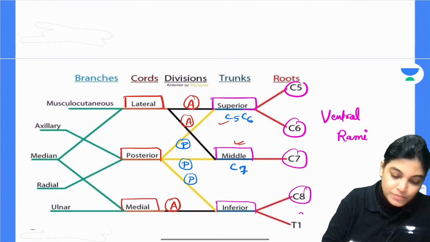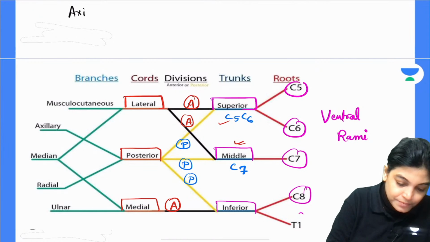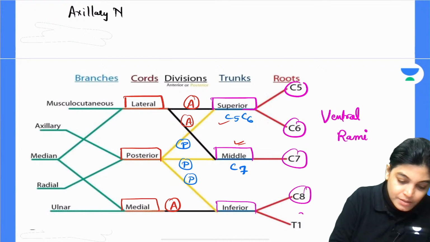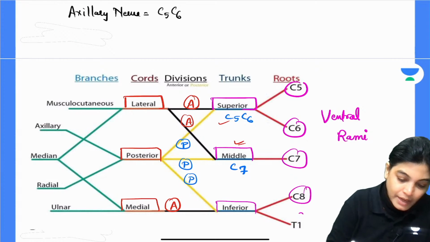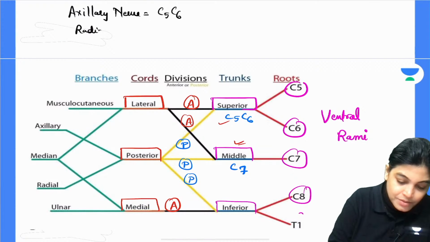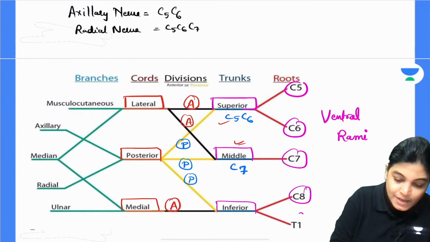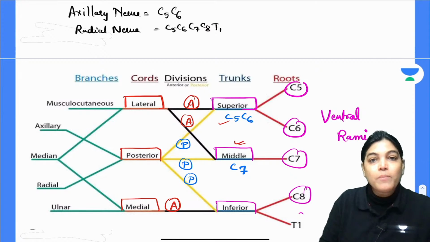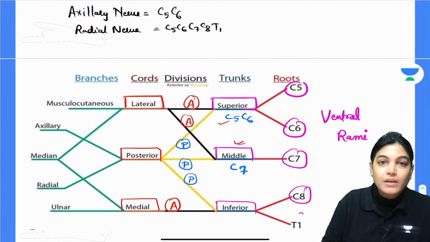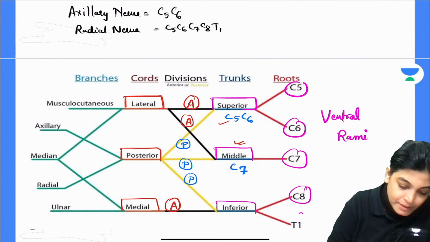So, my dear, axillary nerve root value is C5 and C6. Radial nerve root value is C5, C6, C7, C8 and T1 because it is formed by the posterior division of all the three trunks.